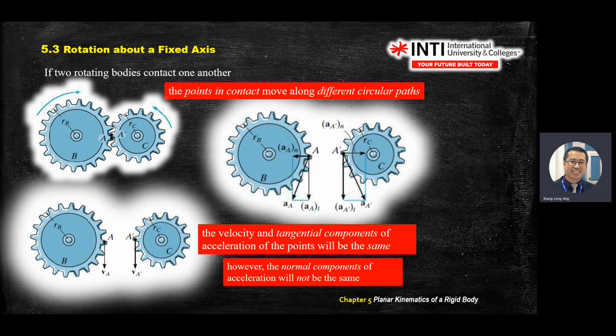For gear C, the acceleration for A prime points to the right-hand side of the gear. Yeah, acceleration, different direction.